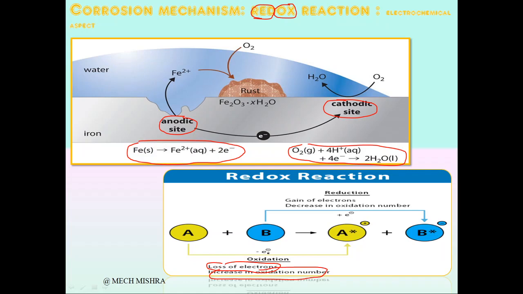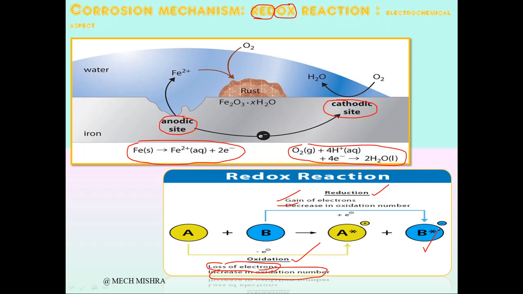So here A is losing an electron and converting into A+, and this process is called oxidation. And in reduction, B is gaining an electron, gain of electron, and decrease in oxidation number. So it gets converted into B minus. That is called reduction.